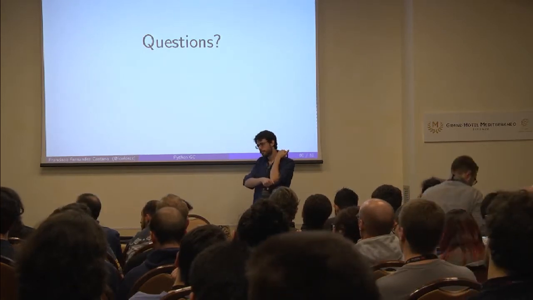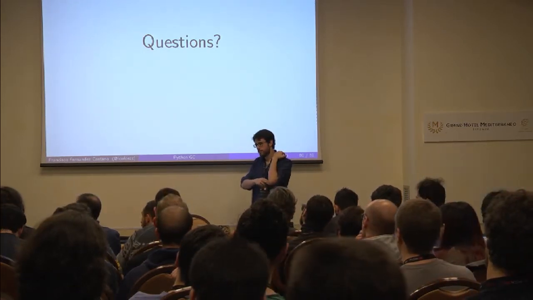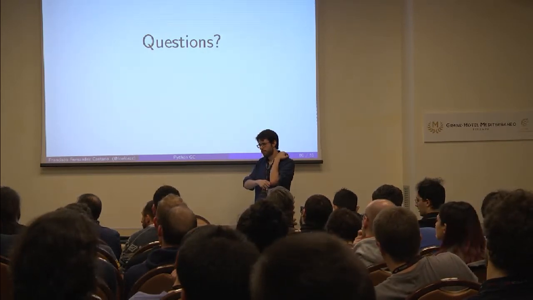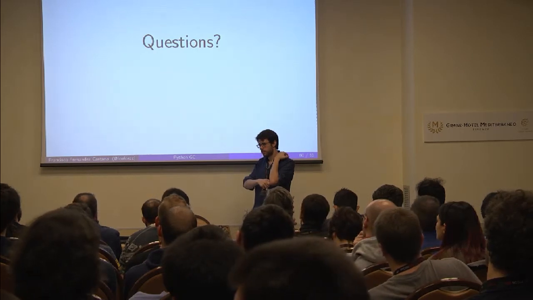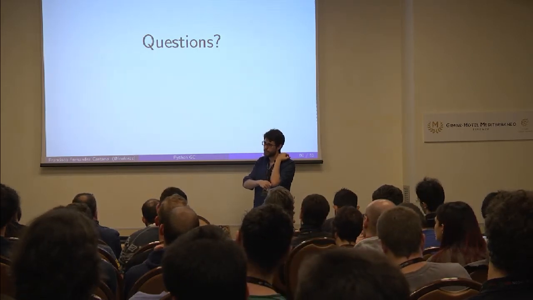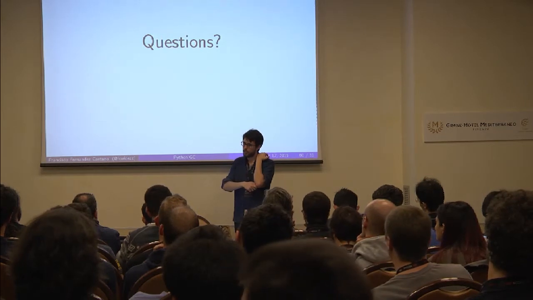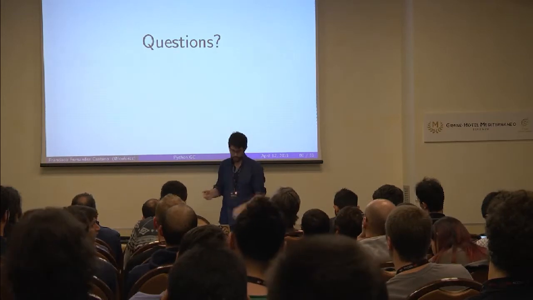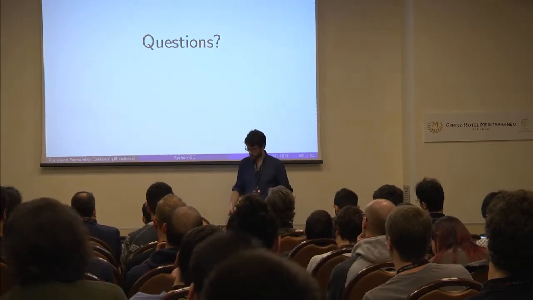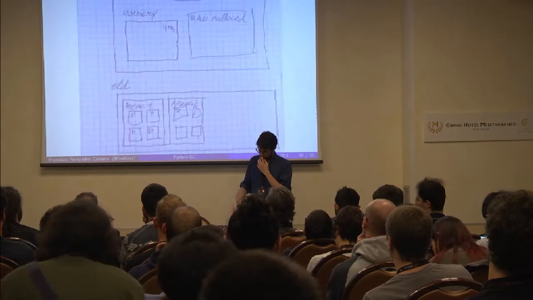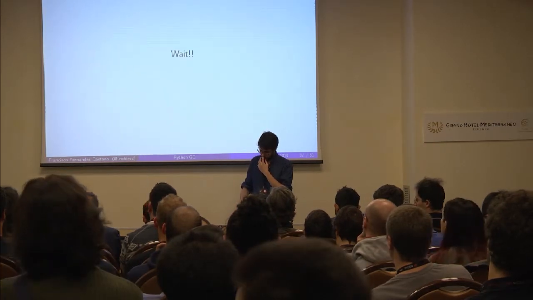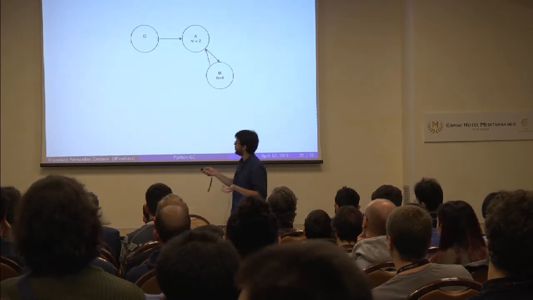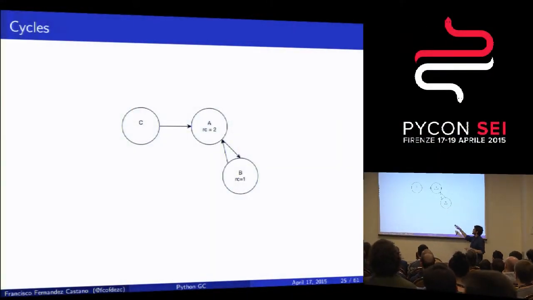Those two ways of doing things, do you have to use one or the other, or do they both get used by default? Do you mean reference counting? Yes, they have to deal with cycles, because one of the problems of reference counting is, look, here we have an example, right?